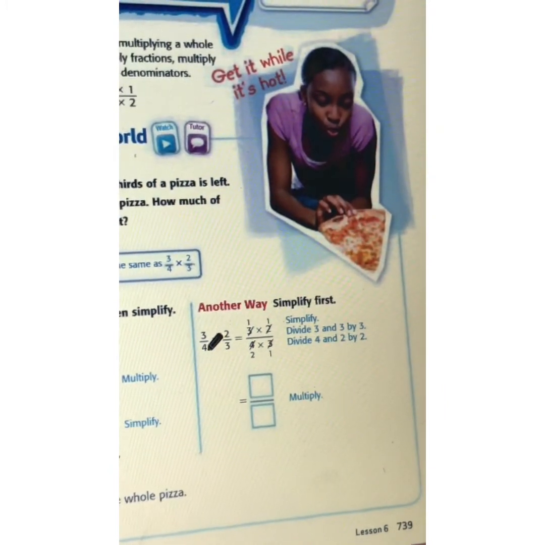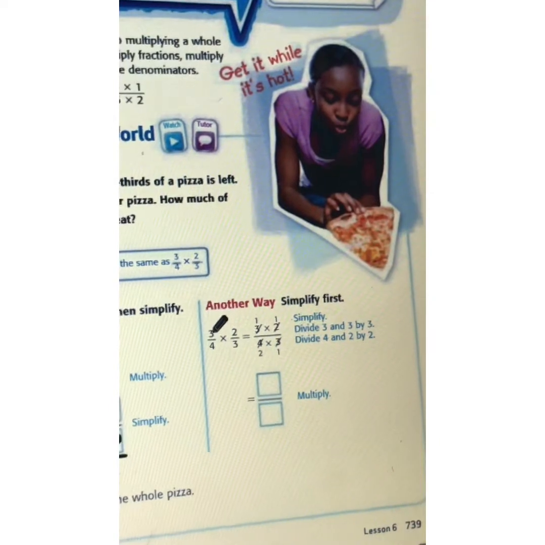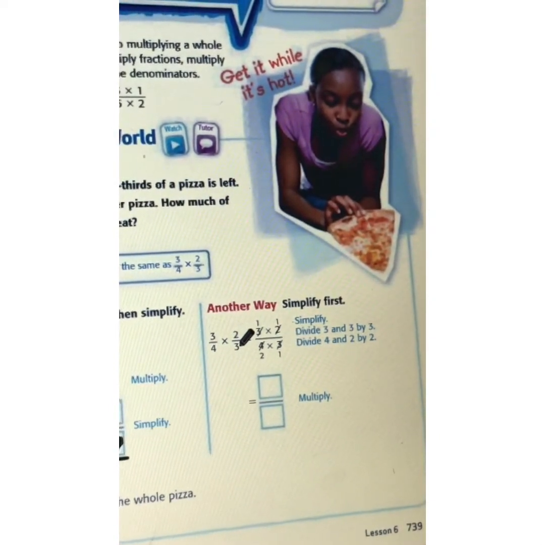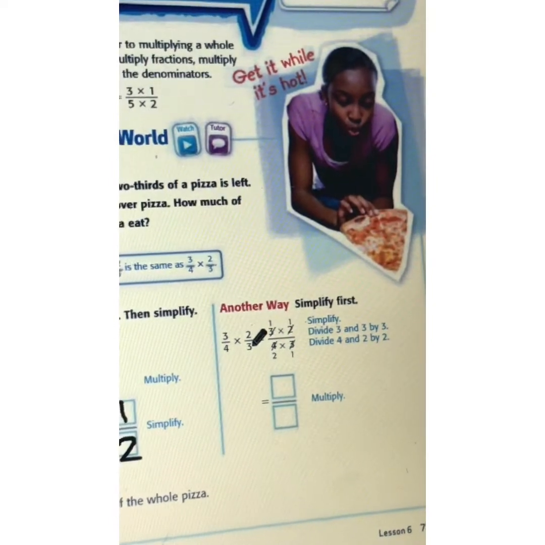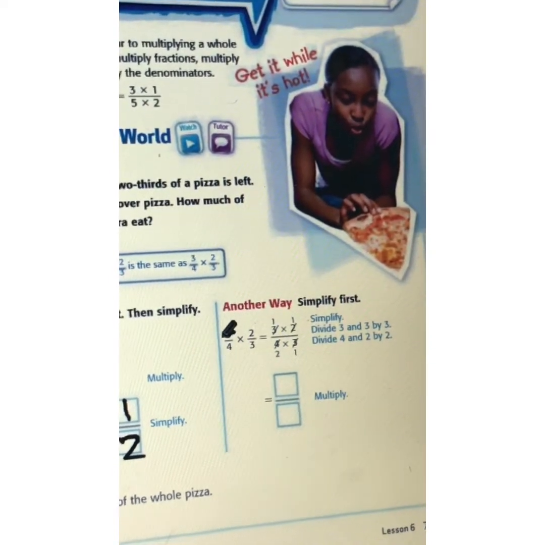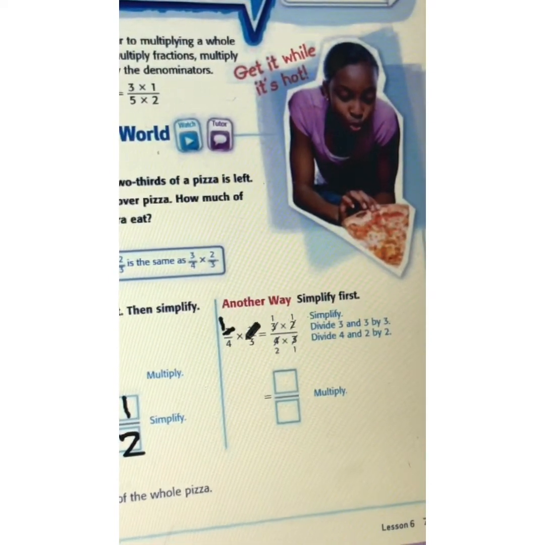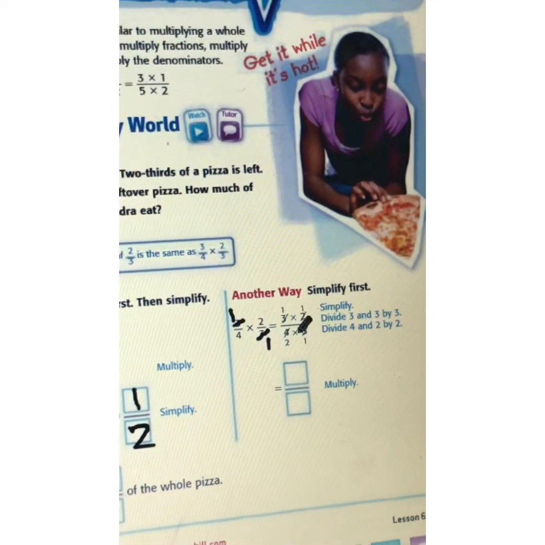Do 3 and 4 have a common factor? No. So, we'll check here. Do 3 and 3 have a common factor? Yes, they have. They are both divisible by 3, right? So, 3 divided by 3 will be 1. And also the other side, 3 divided by 3 will be 1.